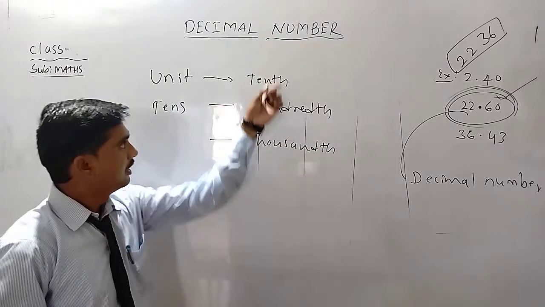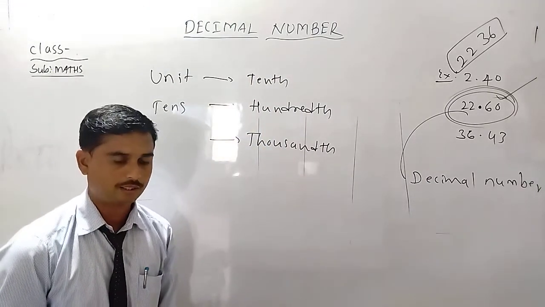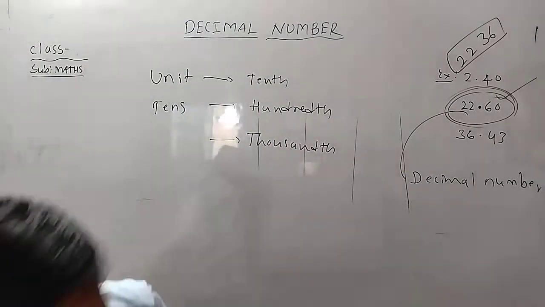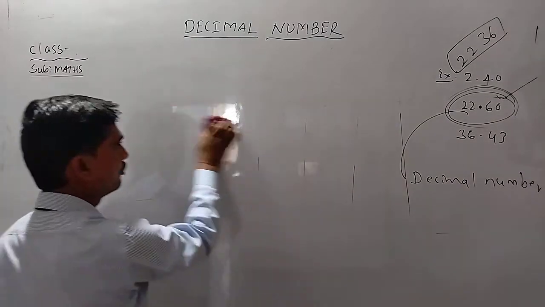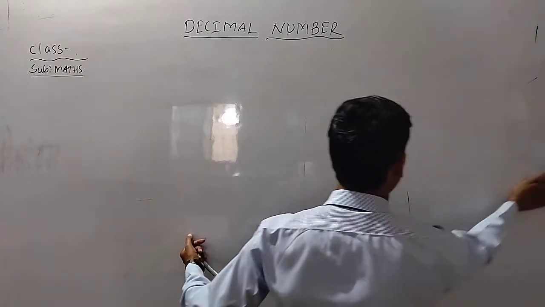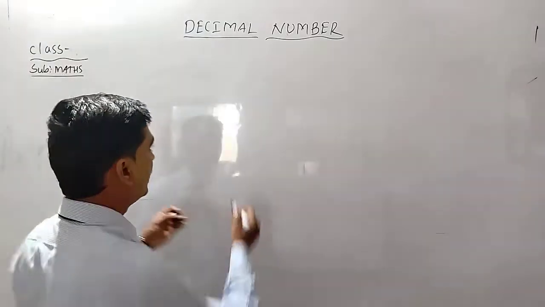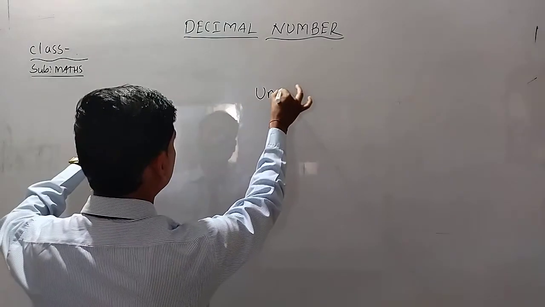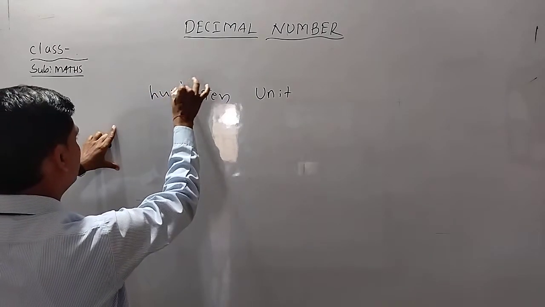These are the decimal number place value tables. Before that, I am going to show you: which numbers have a decimal point, those numbers we call decimal numbers. Then here unit, tens, here hundred.